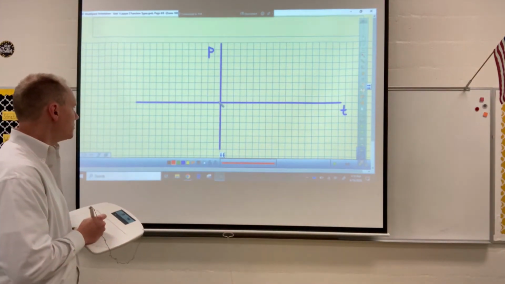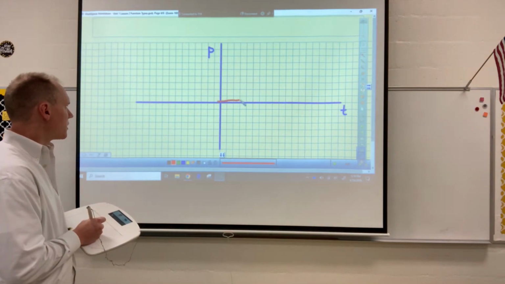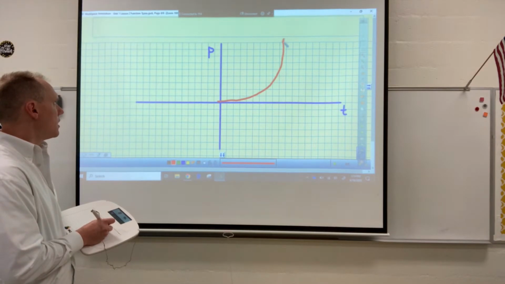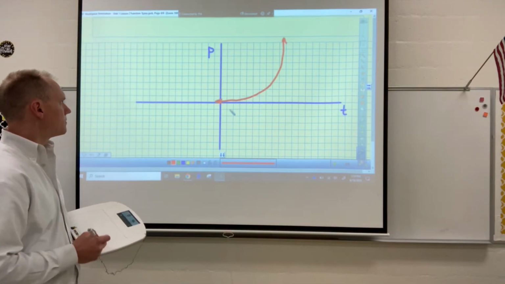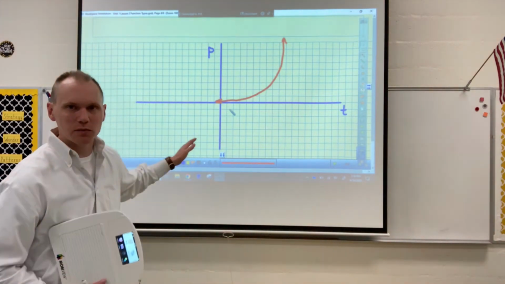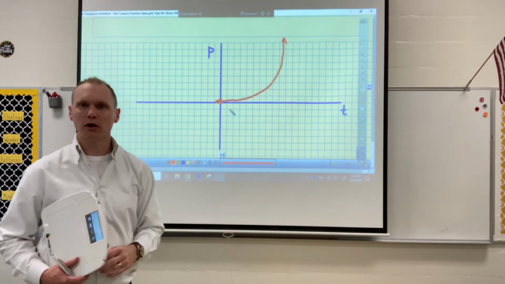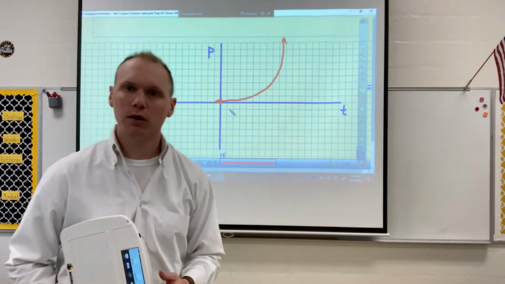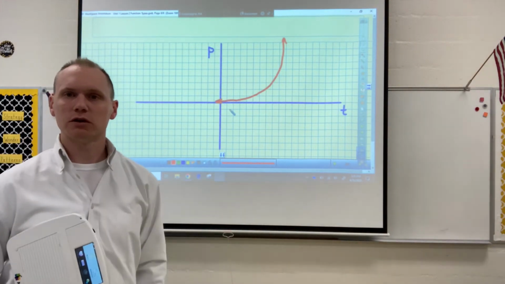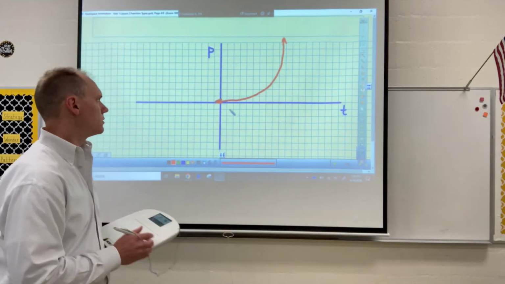It started out really slow, and then it got quicker and quicker. And so what we have here is an exponential function. In this case, exponential growth, because population is growing over time really quickly. So that's just an example of how an exponential function can show up in the real world.